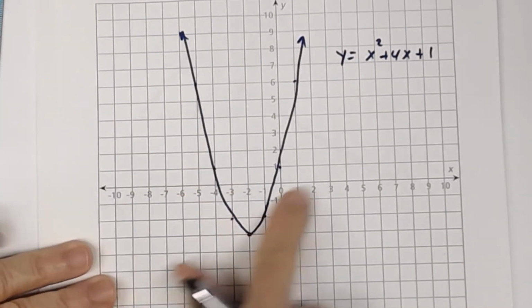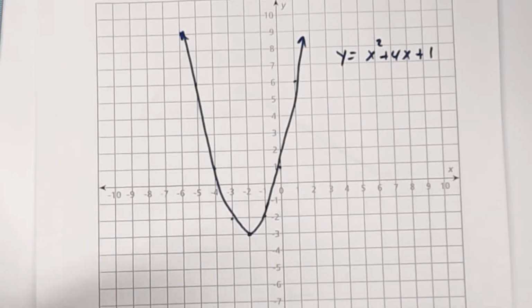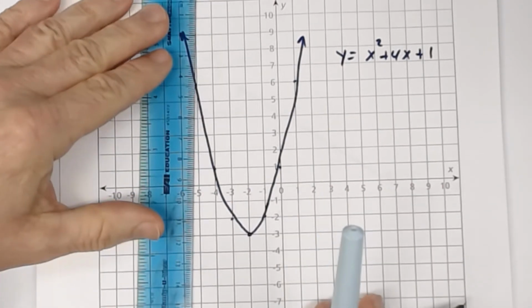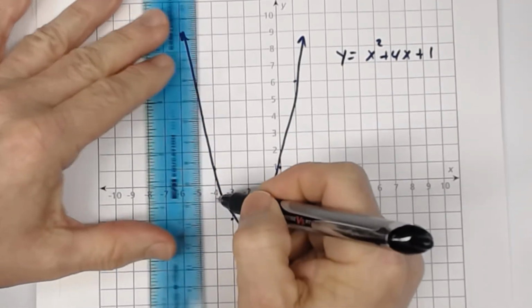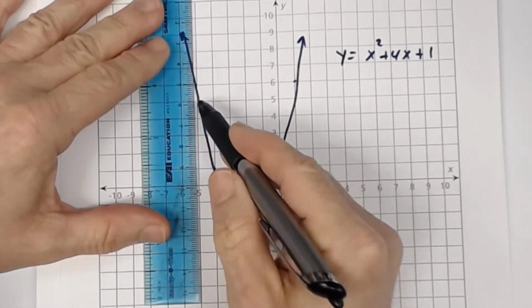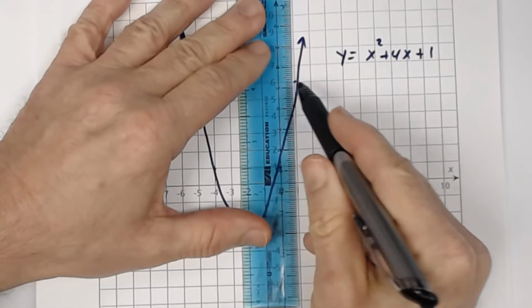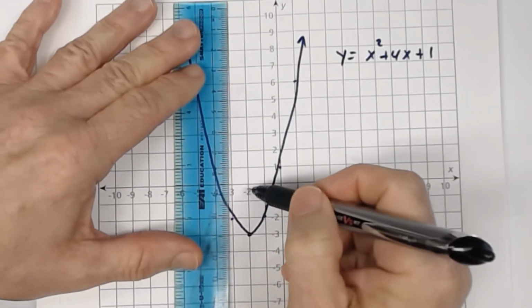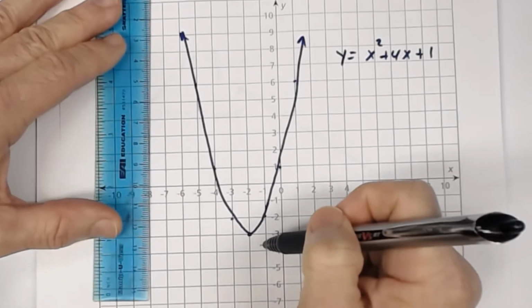The same thing here. See this right here? This parabola, here's the equation of this parabola. And remember, it passes the vertical line test, meaning that for each x coordinate, there's only one y coordinate. So when x is negative 5, there's only one y coordinate. When x is 1, let's say, there's only one y coordinate. When x is negative 2.3, there's only one y coordinate. Okay, so that's a function.